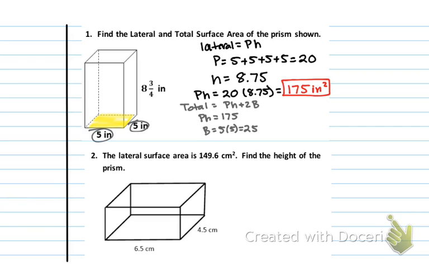So if we go over here, we have pH plus 2b. Our pH is 175 plus 2 times 25. In the calculator, we should get 225 inches squared. And that is our answer for total surface area.